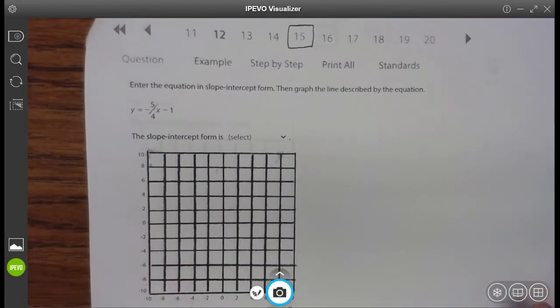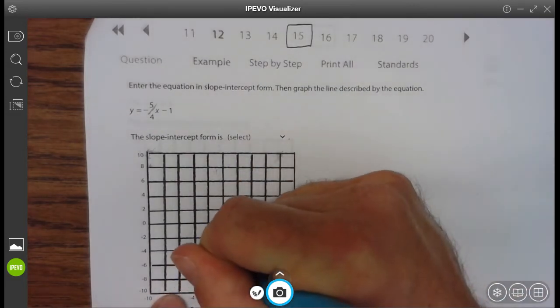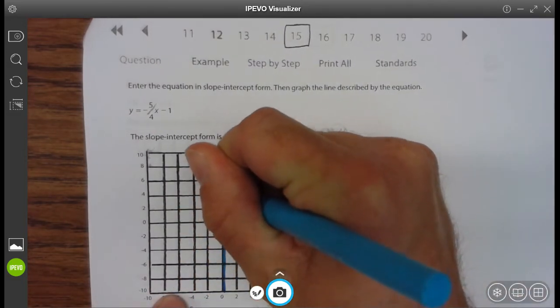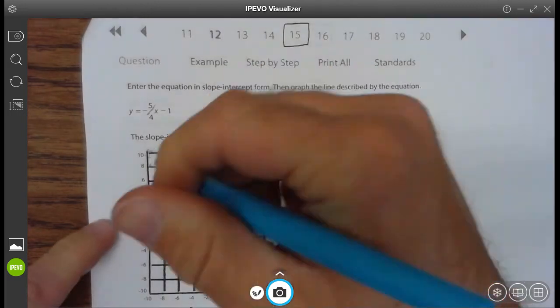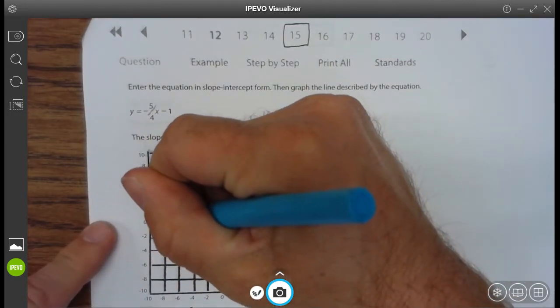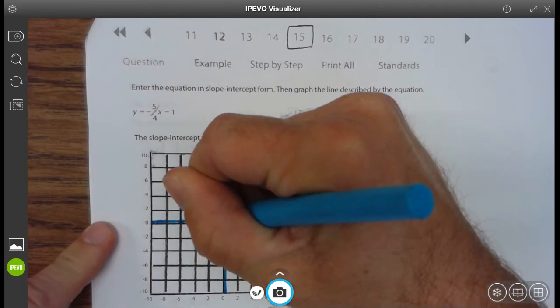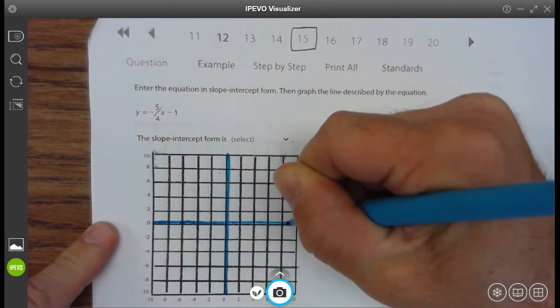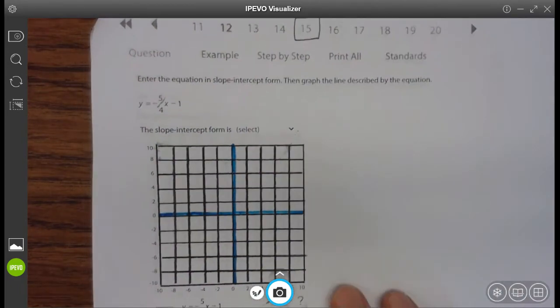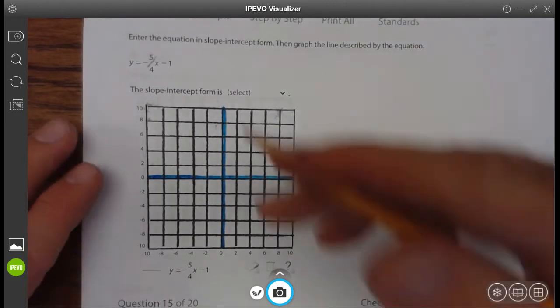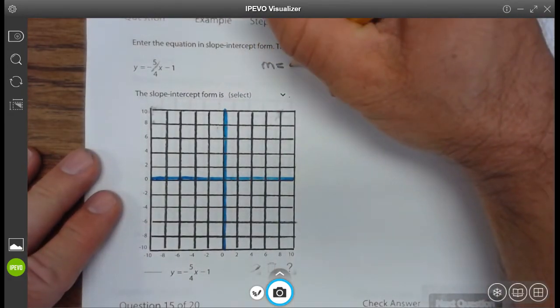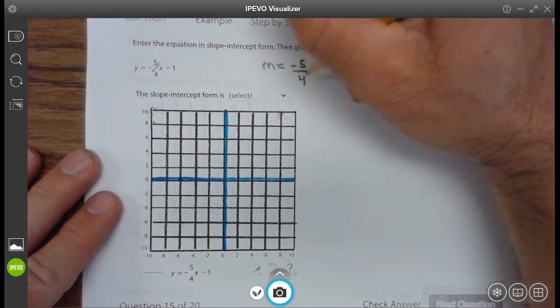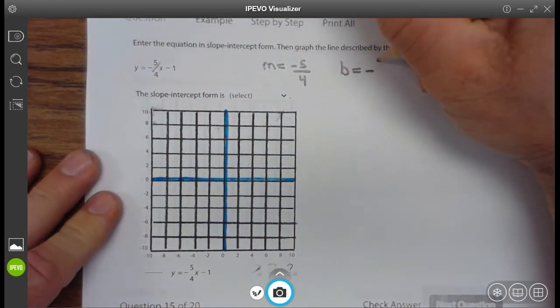All right, example 15. Let me again highlight the axis. That's the x-axis, and this is the y-axis. Now the slope is -5 divided by 4, and the y-intercept is -1.